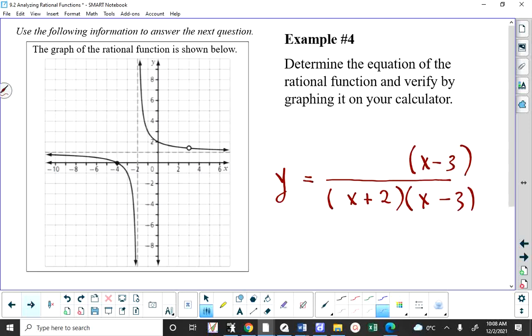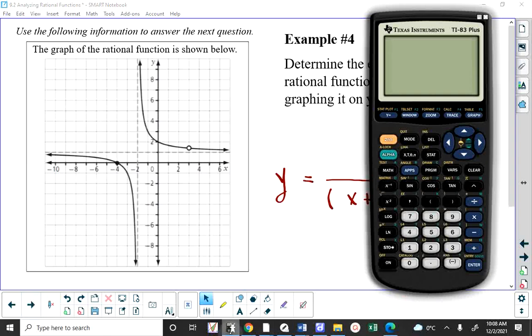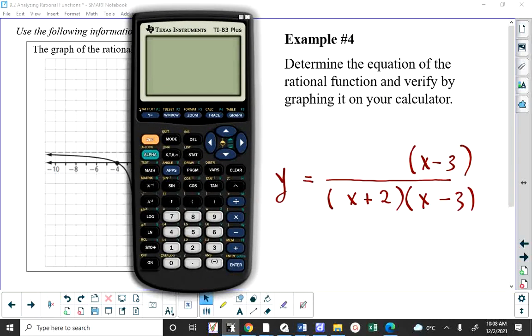If you graph this, it will not give you that picture though. There's another piece of the puzzle that I haven't revealed to you yet. Just to demonstrate, if we were to graph this, you need to be particularly careful with how you enter it.